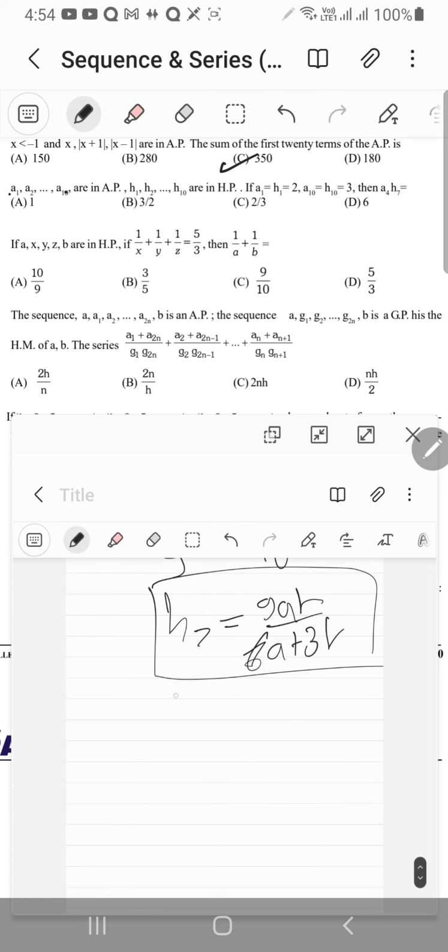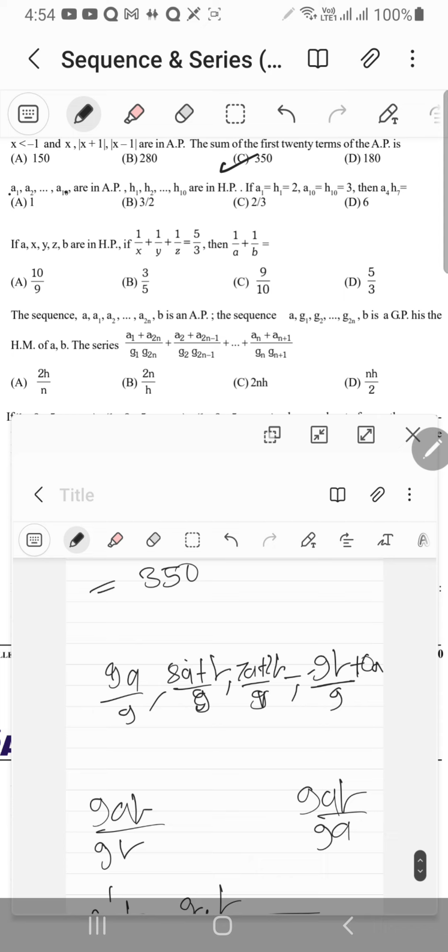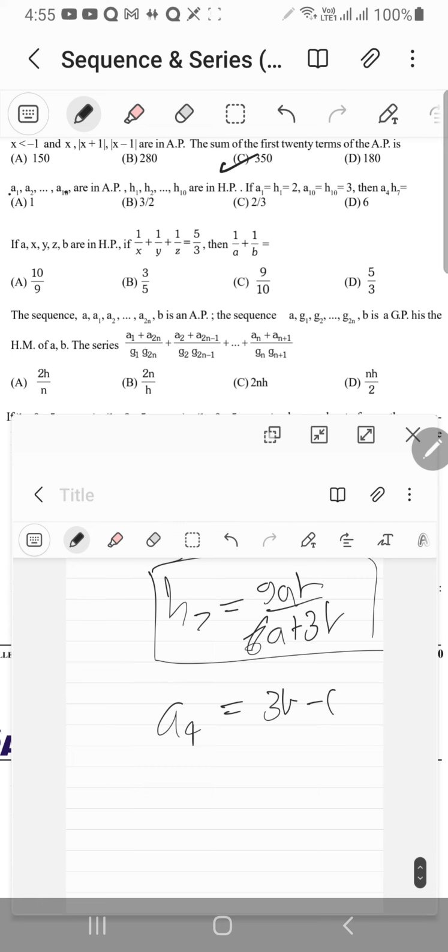And what about a4, right? So this is the first term, so you need to go 3 steps up, and that would mean it's a plus (3b minus 3a) upon 9. Now you know what a4 and h7 are.